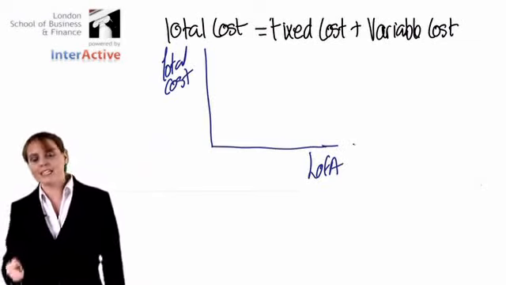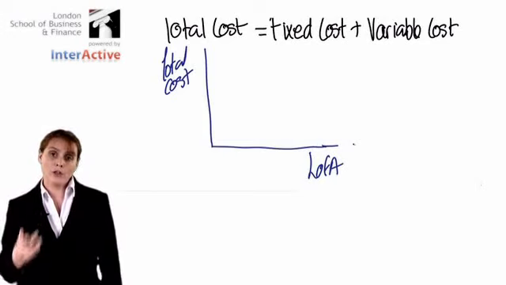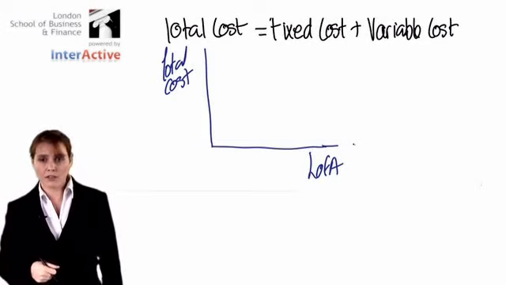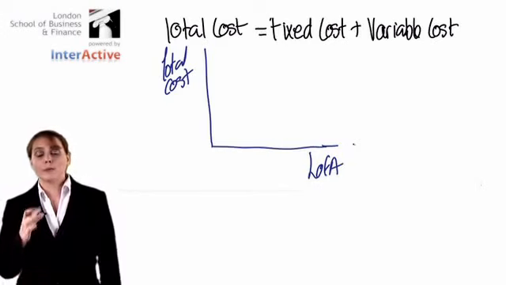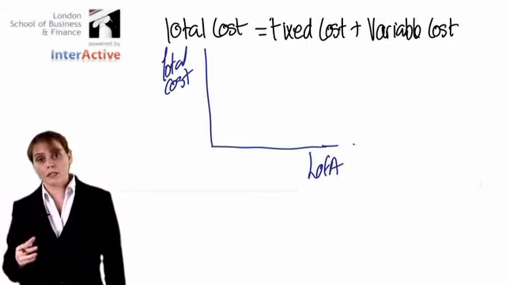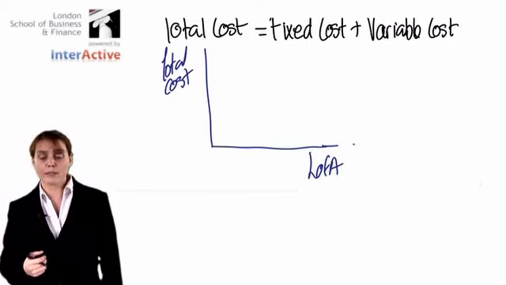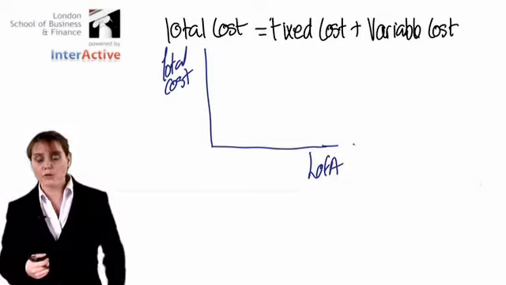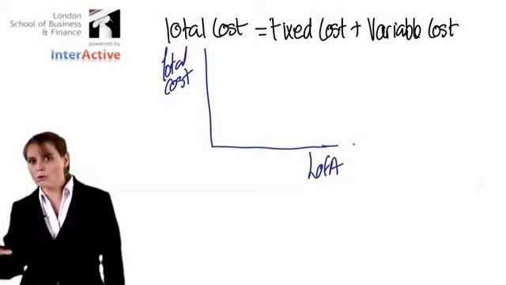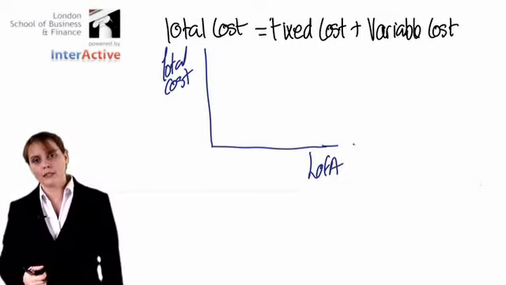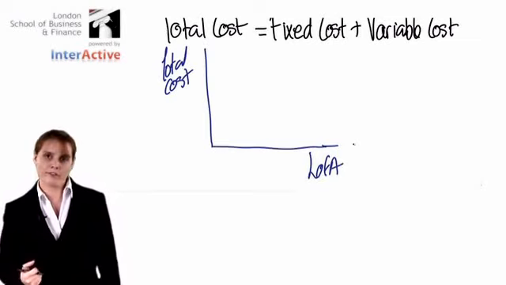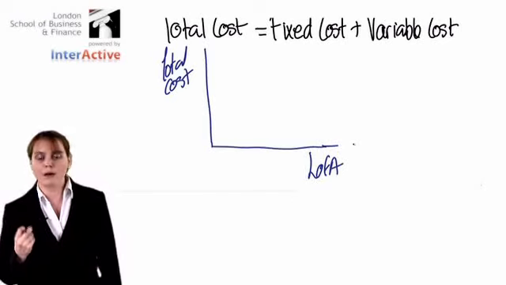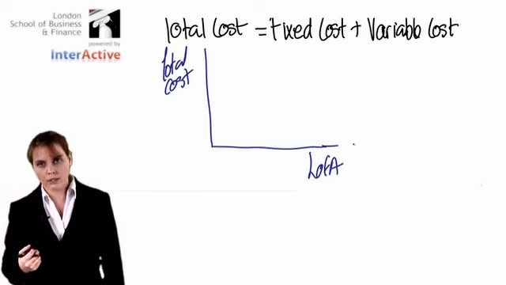When our level of activity is 0, do we incur any part of this semi-variable cost? Well, the answer is yes. Remember, semi-variable cost contains both fixed and variable elements. If I don't use my phone at all, do I have to pay anything? Yes, I'm going to have to pay the connection fee, or the fixed part of that cost.